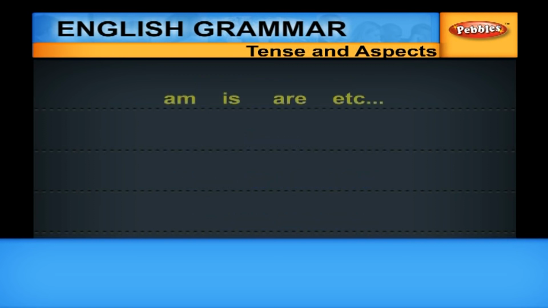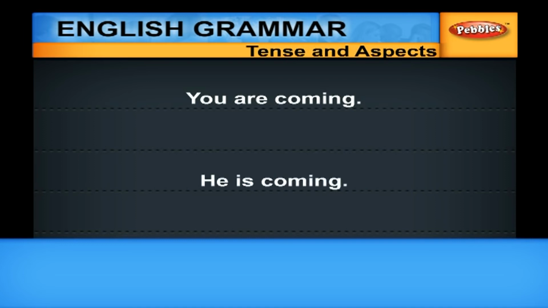Using the primary helping verbs, we can construct progressive or continuous sentences. I'm coming. You are coming. He is coming.